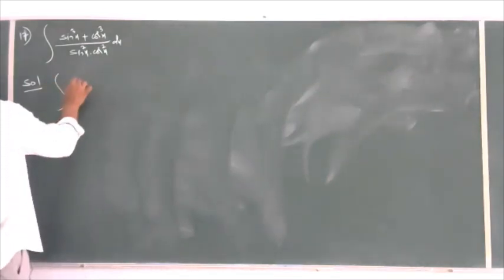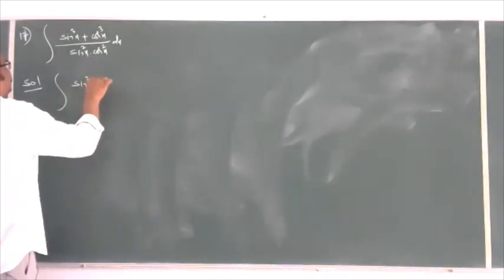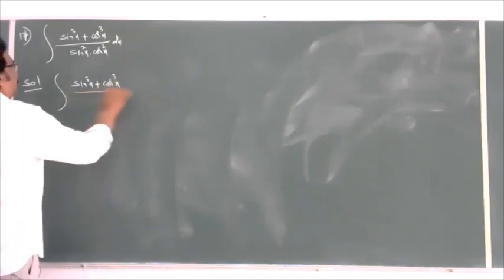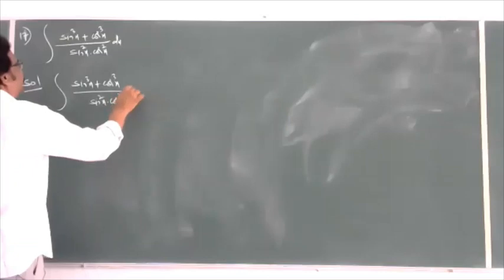Solution: integral sin cube x plus cos cube x by sin square x into cos square x dx.